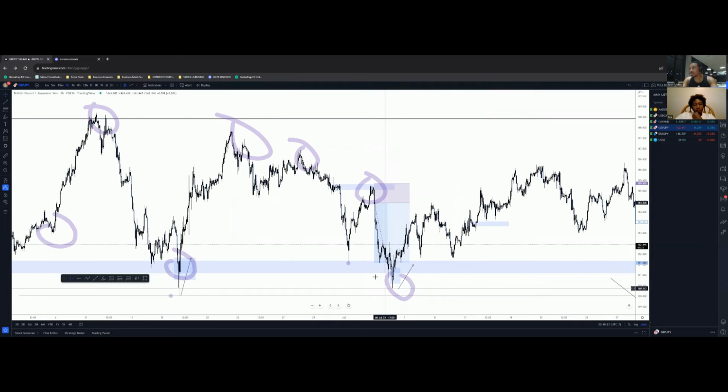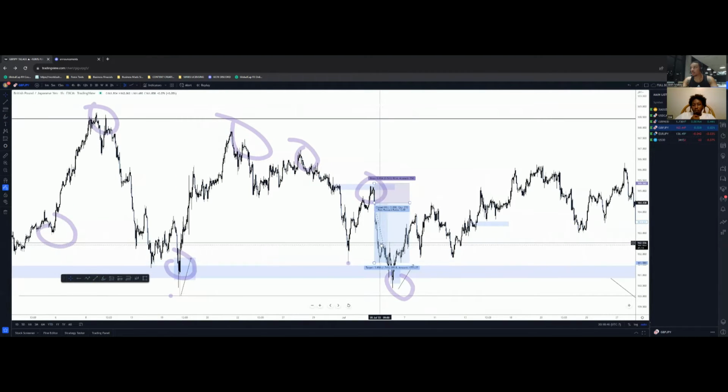And it ultimately looks like it's starting to create a change in direction. Okay, so now we're looking at these here. Okay, going in this direction. Go ahead and remove all this.